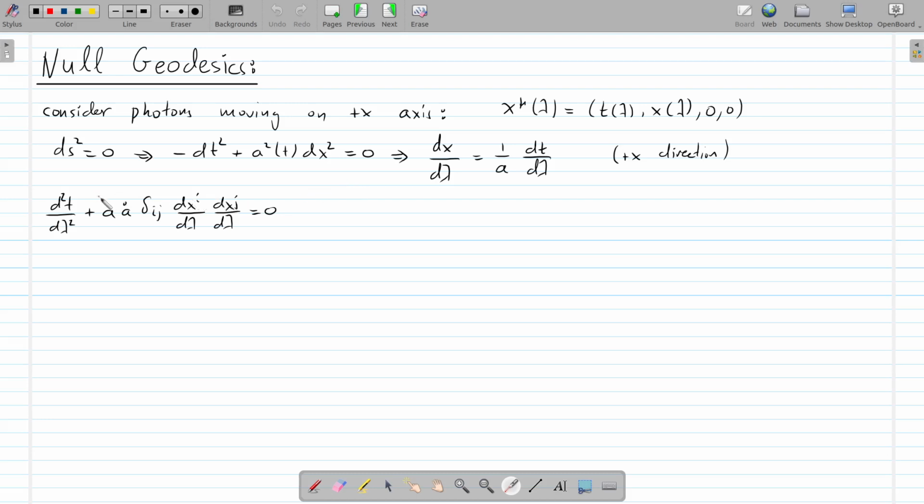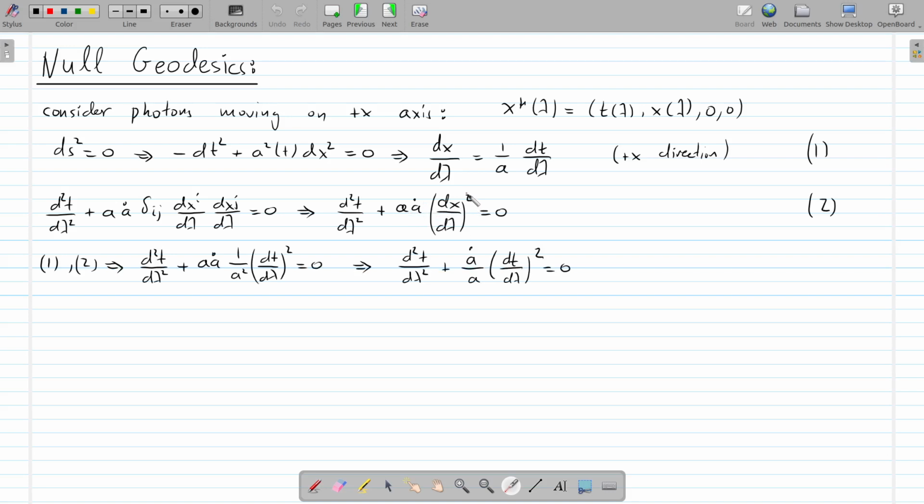And by inserting the values of the Christoffel symbols that we computed before, we have the geodesic equation written in this way for d squared t. So we have d squared t by d lambda squared, only this term survives here, a dot times (dx/d lambda) squared. And then we can substitute dx/d lambda by 1 over a dt/d lambda using equation 1.